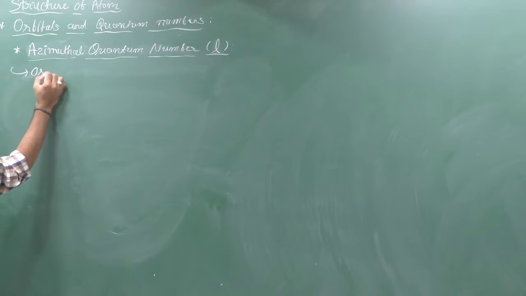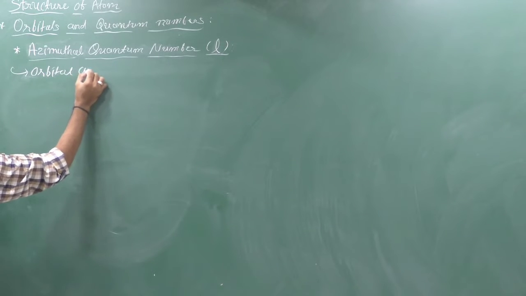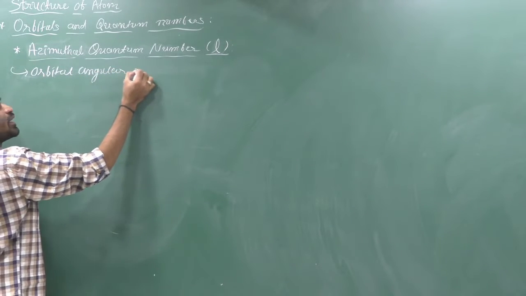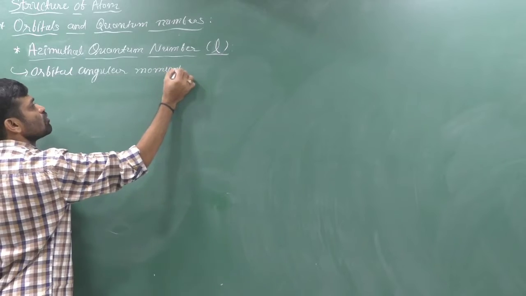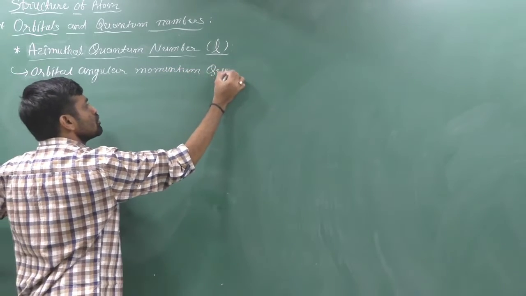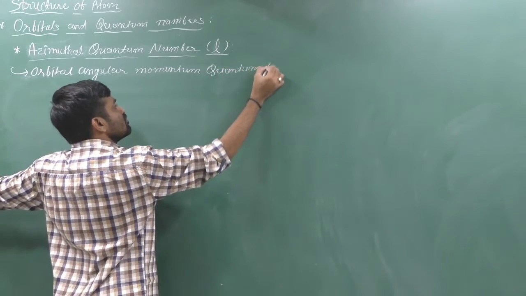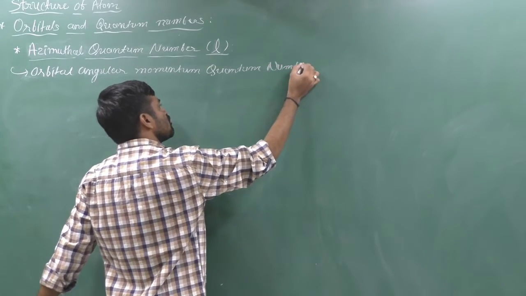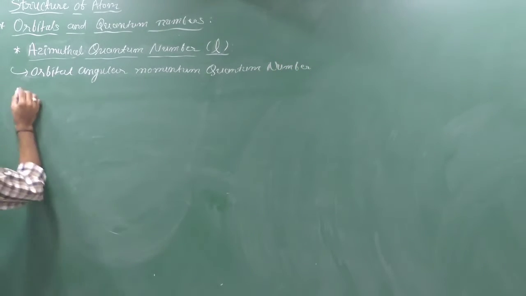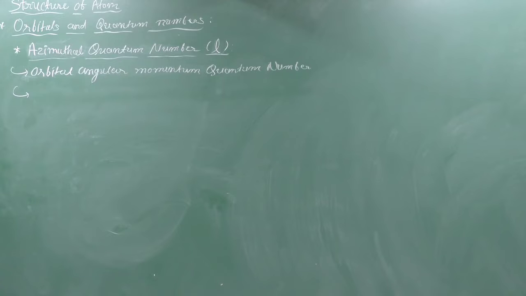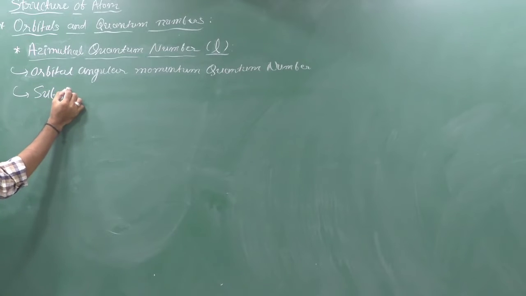Another name of this quantum number is orbital angular momentum quantum number. Very simple. And another name of this is also subsidiary quantum number. What is the name?